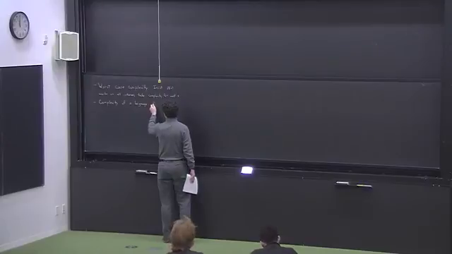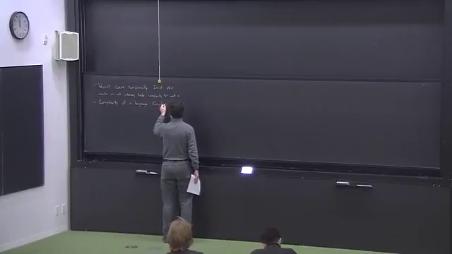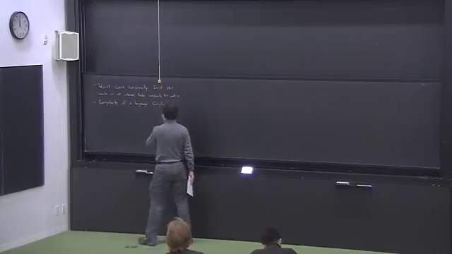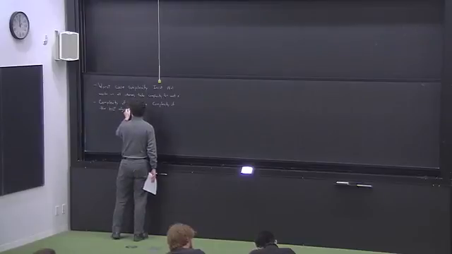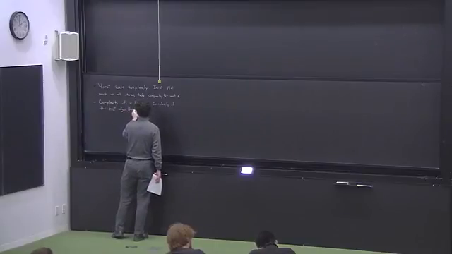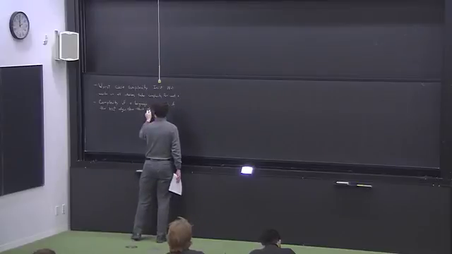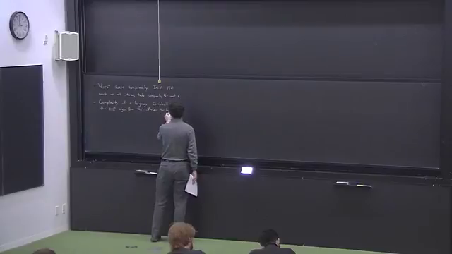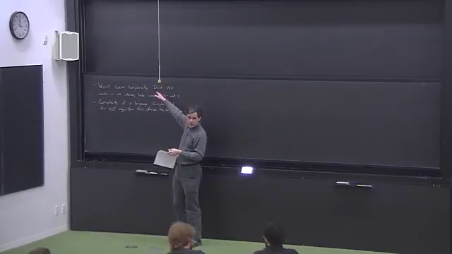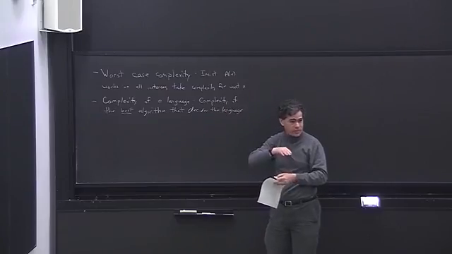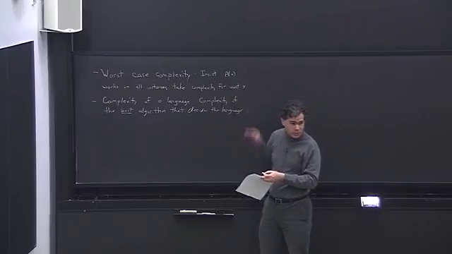So the complexity of the language is going to be the complexity of the best algorithm that decides the language. And again, this is the best worst case complexity for the algorithm. So we take the best over algorithms of the worst over inputs.